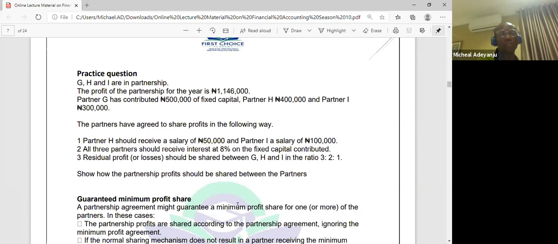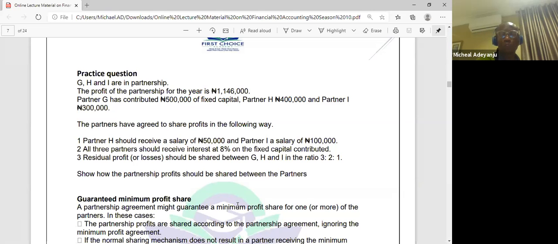Partner G has contributed 500 fixed capital, H 400 and I 300. All partners have agreed to share profit in the following way. Partner H should receive a salary of 50,000, I a salary of 100,000. All three partners should receive an interest of 8% on fixed capital contributed.